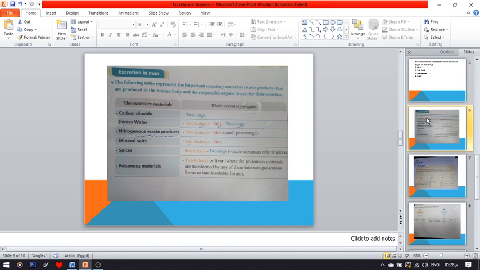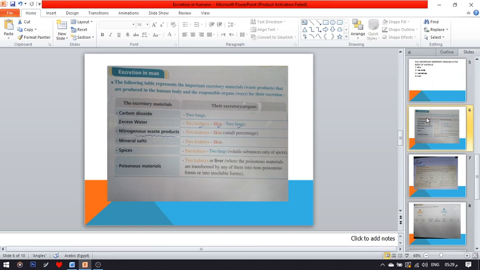We're talking firstly about carbon dioxide, and the organ that is responsible for its excretion is the 2 lungs. The organs responsible for excretion of excessive water are the 2 kidneys, skin, and 2 lungs.